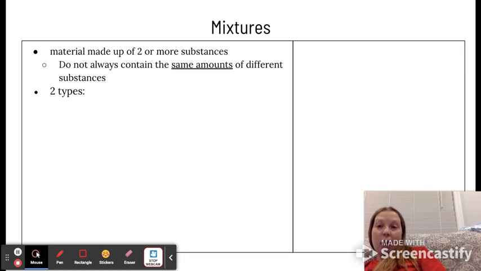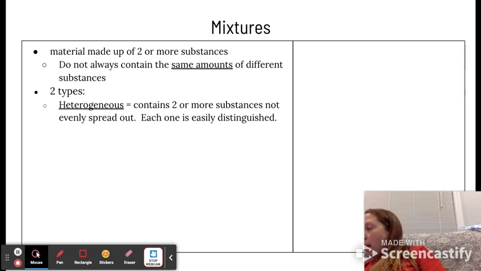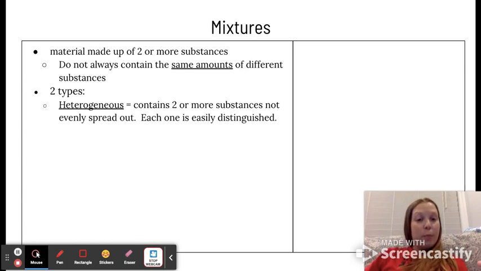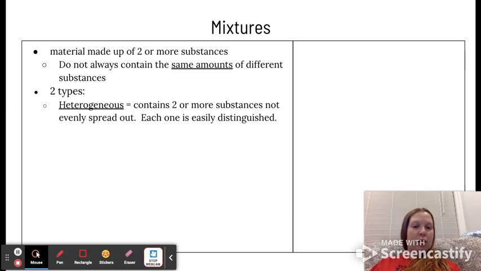And there are 2 different types of mixtures that we have. We have heterogeneous mixtures, which means they do not evenly spread out. They are easily distinguishable. I like to define heterogeneous as you can see the parts. You can see what this mixture is made up of.